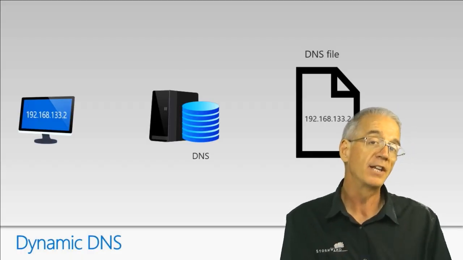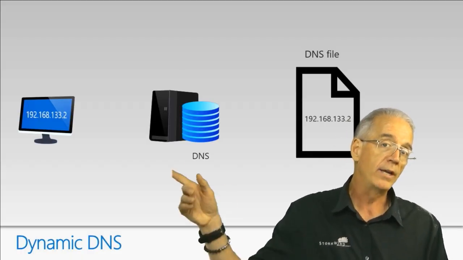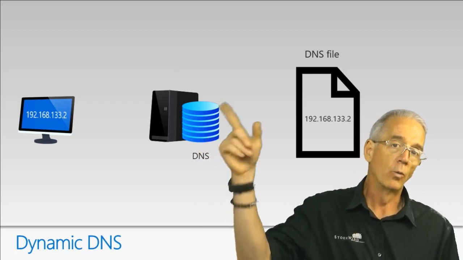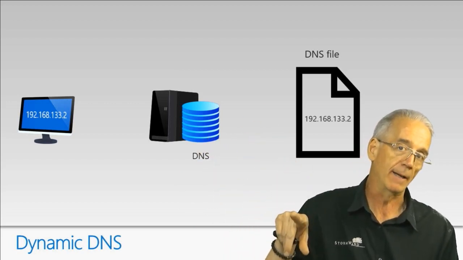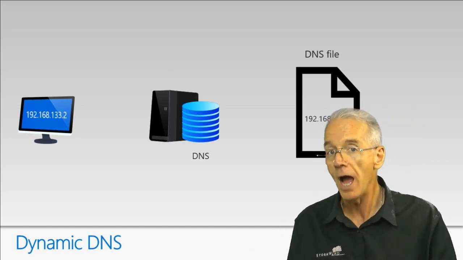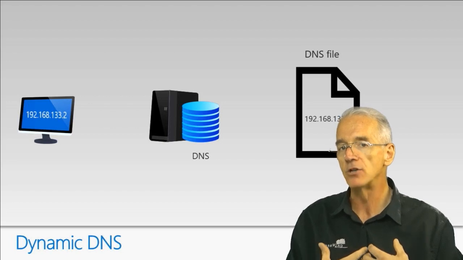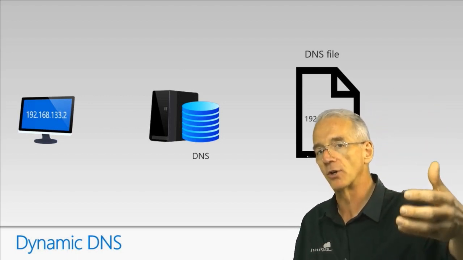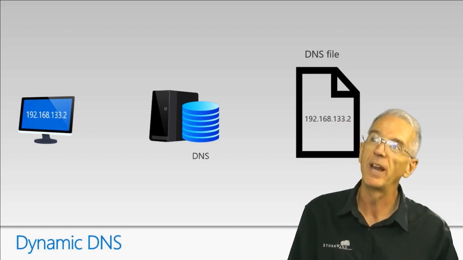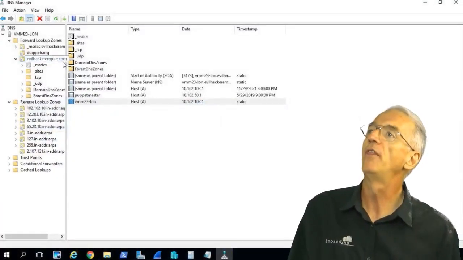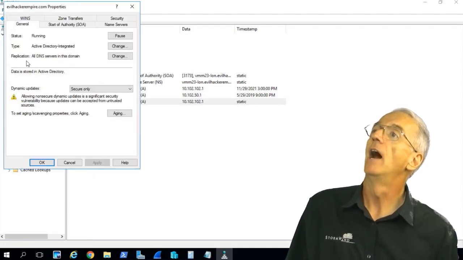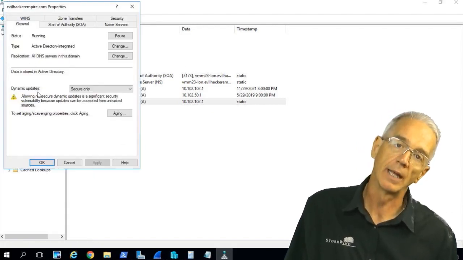Now, depending upon how you set up dynamic DNS, when I do a query, the DHCP server will register it for you automatically if we're using DHCP. Or I can have clients that when they get the IP address, they will register the information with the DNS server automatically. And when I created that brand new zone, one of the things that we did, if I bring up the properties of the zone, is what type of updates do we allow?